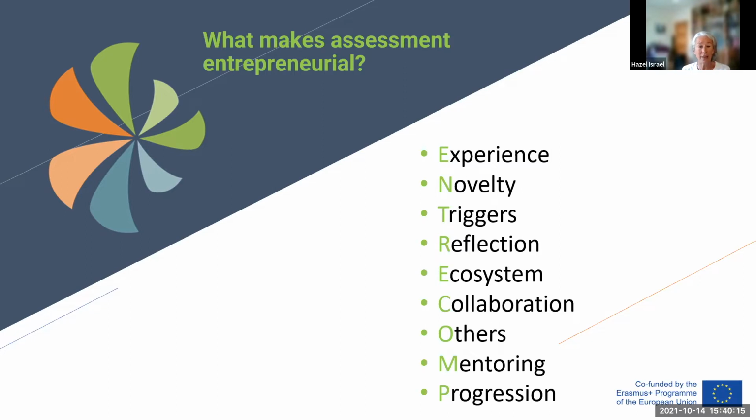Also engaging others. As Oliver said, if we are looking to create value for others, the best way to assess the value created is to check with the others we were creating that value for. Then we have mentoring, so that learners have access to effective mentoring, but also can become mentors themselves and can mentor other learners as a way of enhancing their own competence.